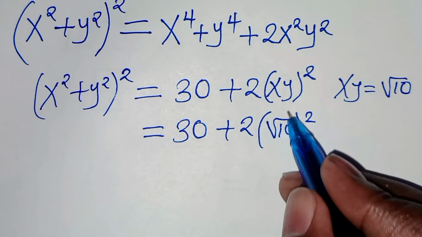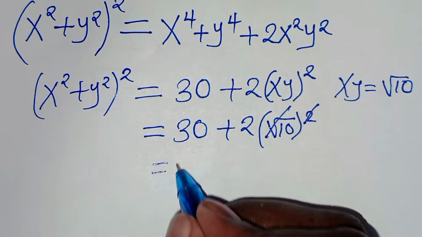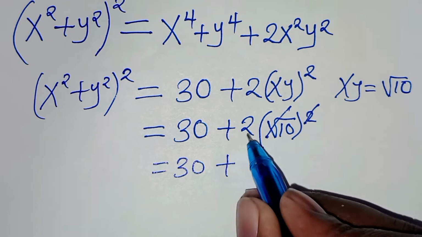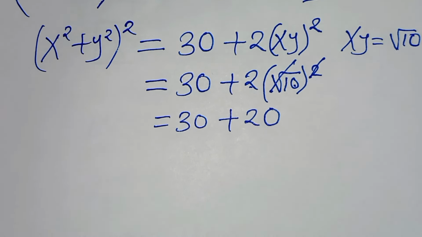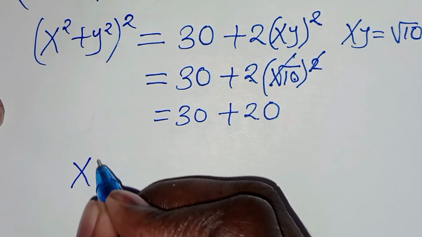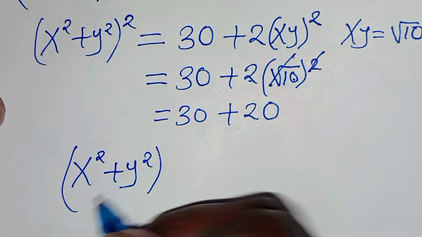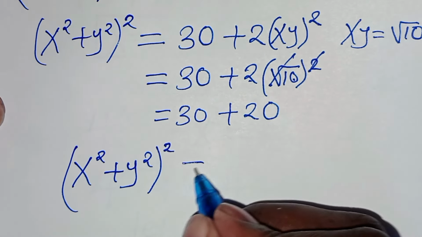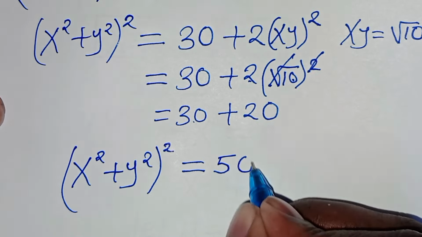This implies that we can eliminate the square root sign, so that now we have 30 plus 2 times 10, which is equal to 20. And this implies that (x² + y²)² is equal to 30 plus 20, and this is equal to 50.